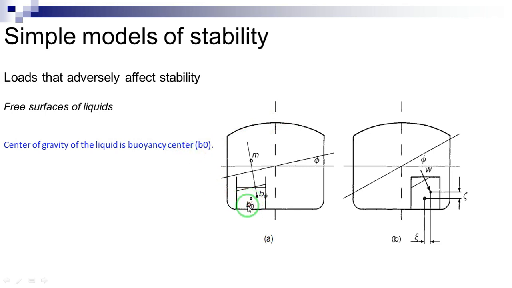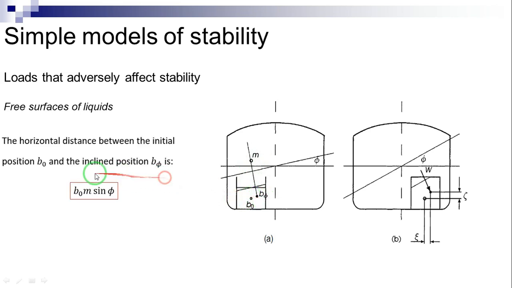While the ship heels, the center of gravity of the liquid moves along the curve of the center of buoyancy around the metacenter M. The horizontal distance between the initial position B0 and the inclined position B5 is obtained using this equation.